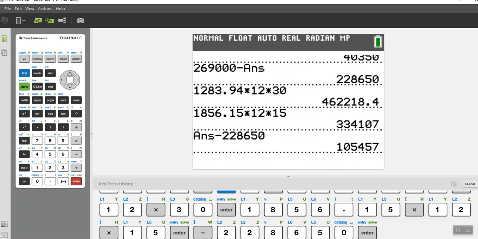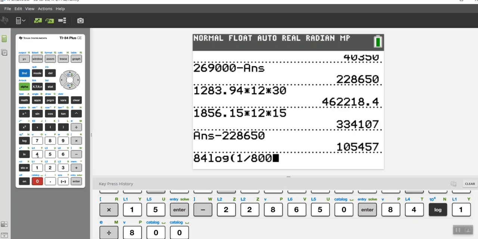when we type that in our calculator, we can get 84 times log 1 divided by 800 divided by log 1/2.